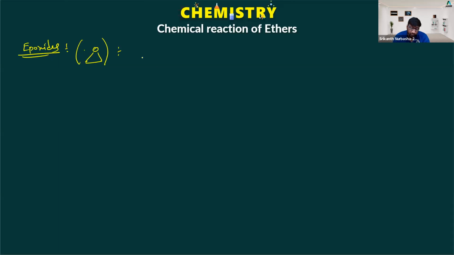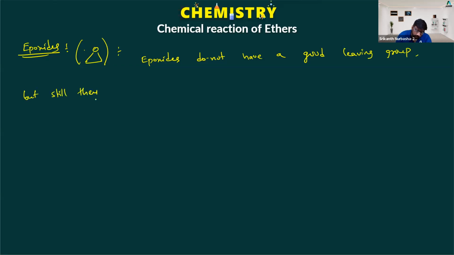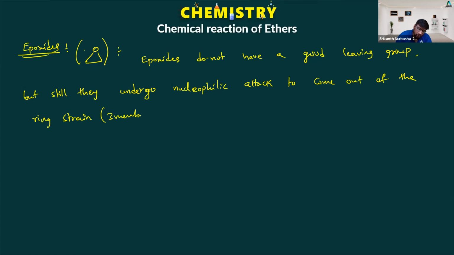Epoxides do not have a good leaving group, but still they undergo nucleophilic attack very fast to come out of the ring strain, the three-membered ring strain, because an epoxide is three-membered.